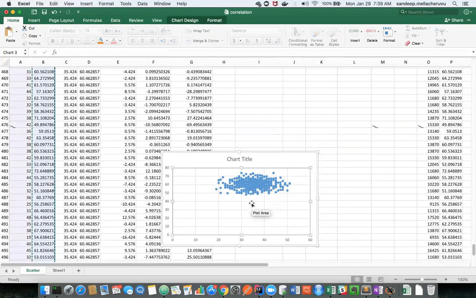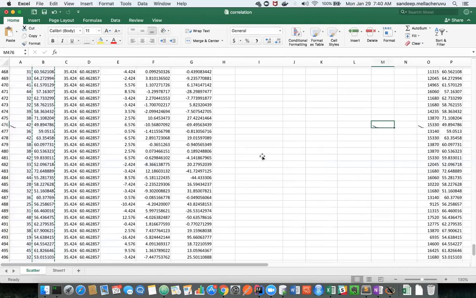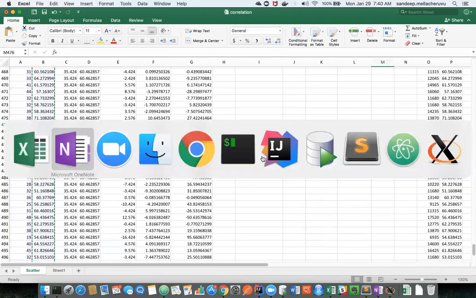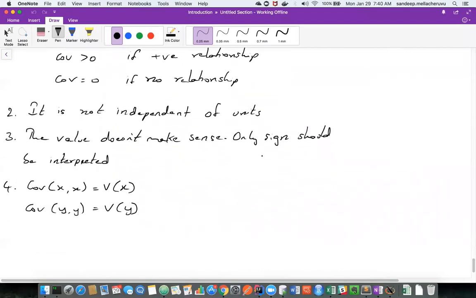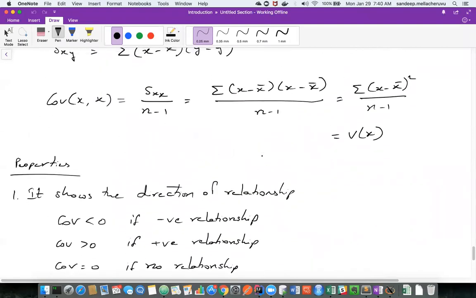Sometimes it is easy, but most of the time, when the data points are too large, your scatter plot is very difficult to interpret. So in that sense, I would say covariance is a much better metric than a scatter plot, unless you want to show it to some manager or someone who doesn't understand covariance.